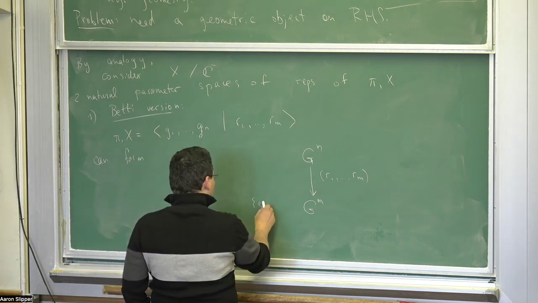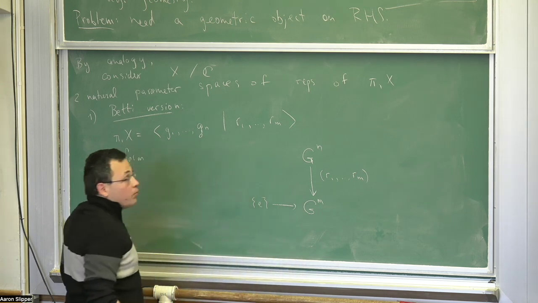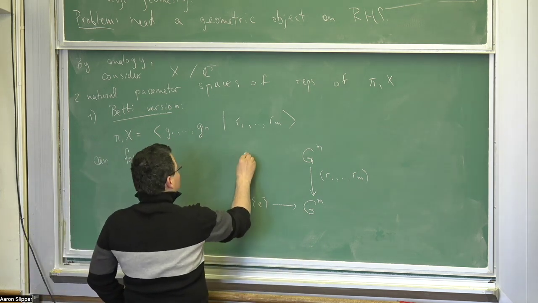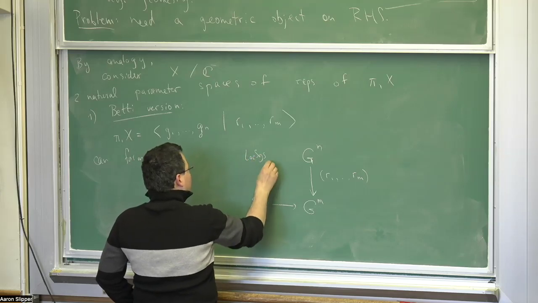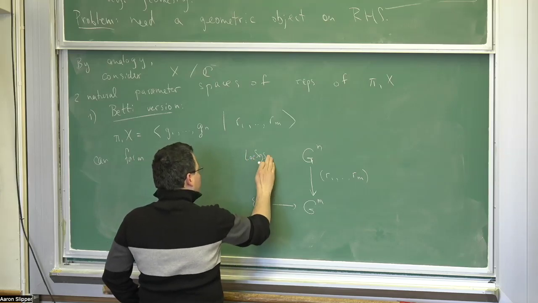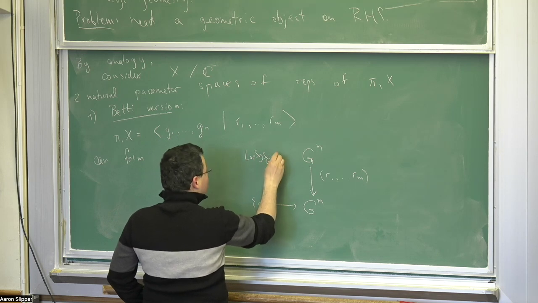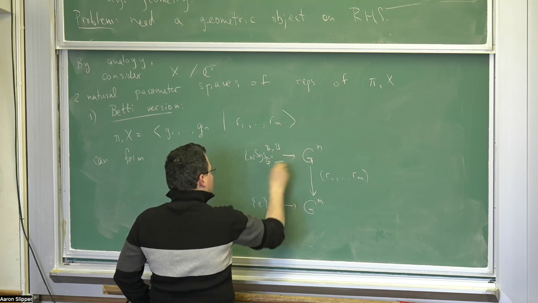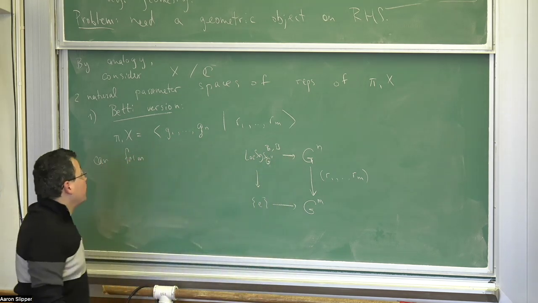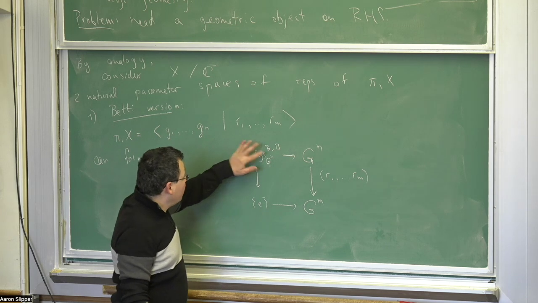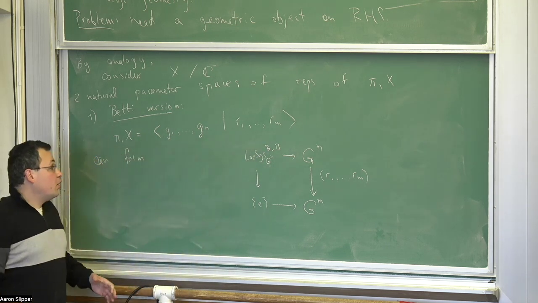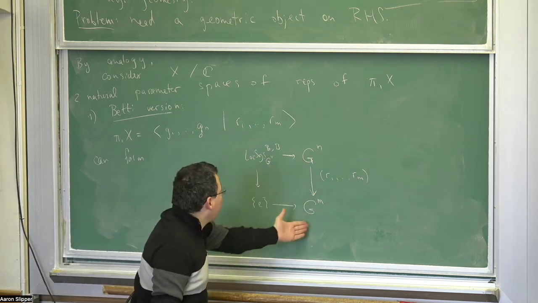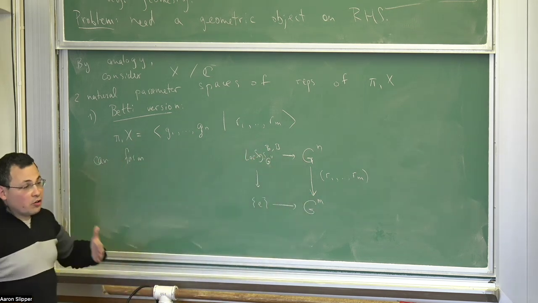And then we can take the pre-image. We suppress X from the notation. So we can take this fiber product, and if we are sophisticated, we can take this fiber product in the world of derived schemes.